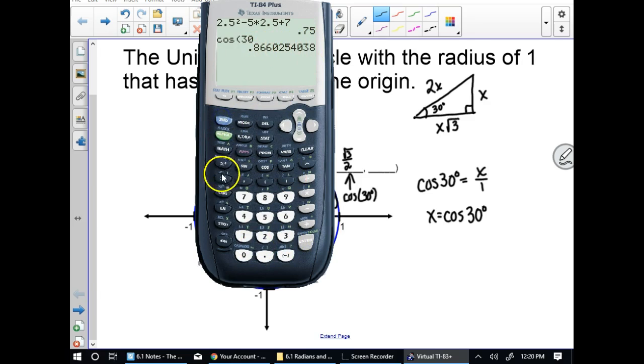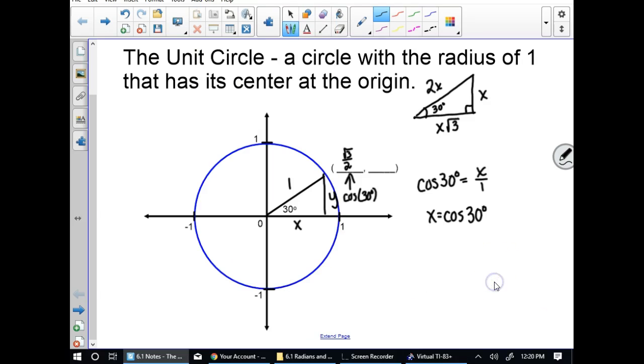But notice if I do square root of 3 over 2, I get the same decimal, right? So the unit circle allows us to find values of sine or cosine even whenever we are not allowed to use our calculator in cases like this. So I know that cosine of 30 degrees is square root of 3 over 2.